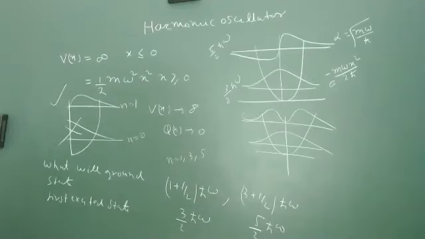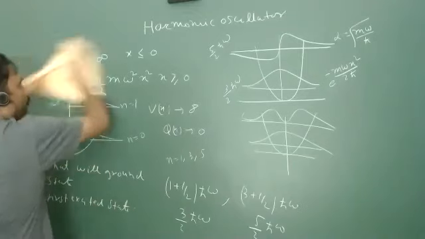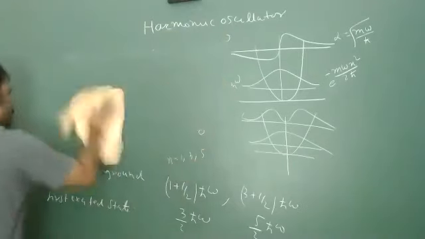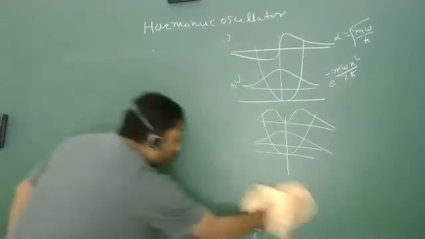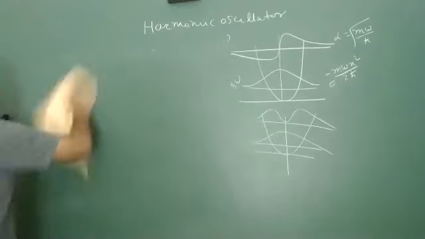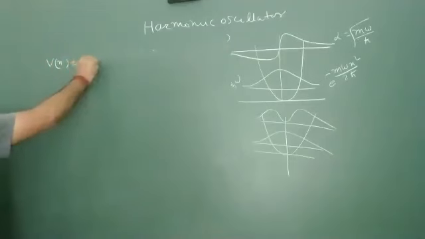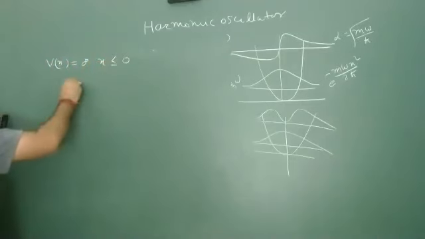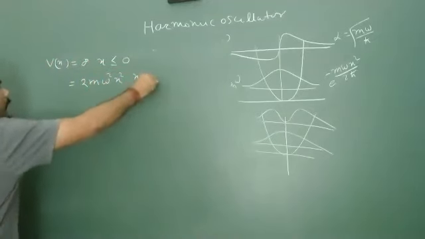Okay, if you understand this, let's come to the next problem, based on this. So let's come to the next one. The potential V(x) is defined as infinity if x is less than 0, and 2m omega squared x squared for x greater than 0.